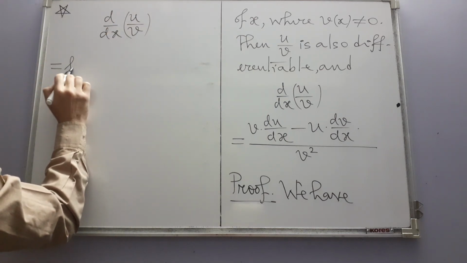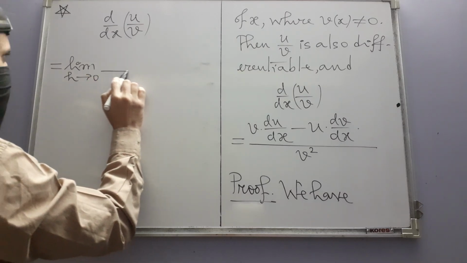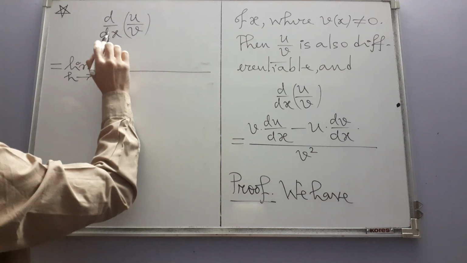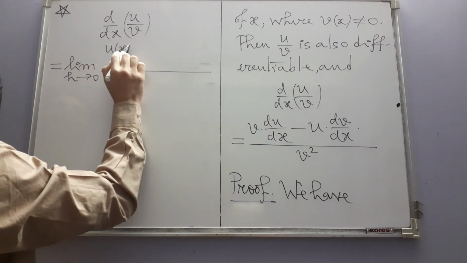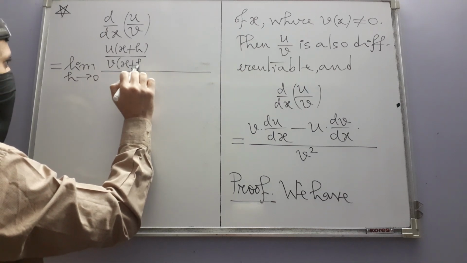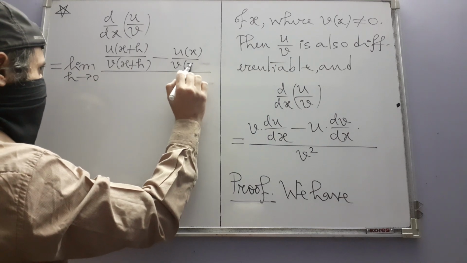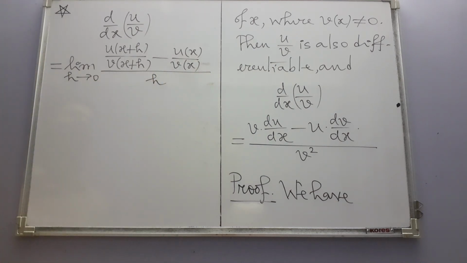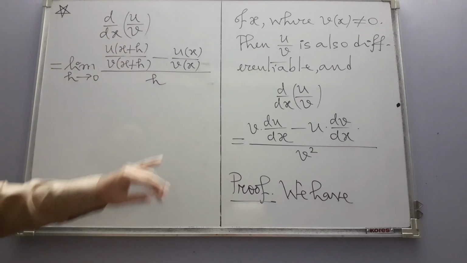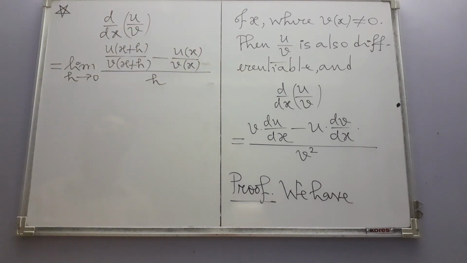By definition, it is this limit. This time we have to be extra careful because the given function itself is a quotient. u of x plus h divided by v of x plus h minus u of x divided by v of x, divided by h. So this is the value of the function at the input x plus h, and this is the value of the entire function at the input x.